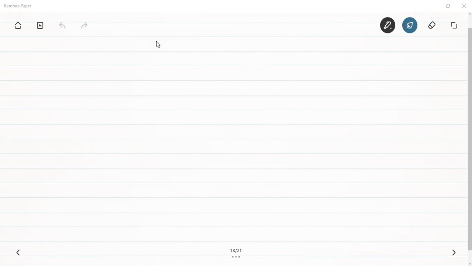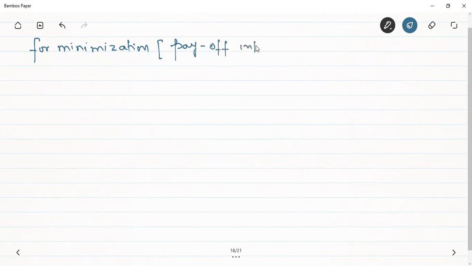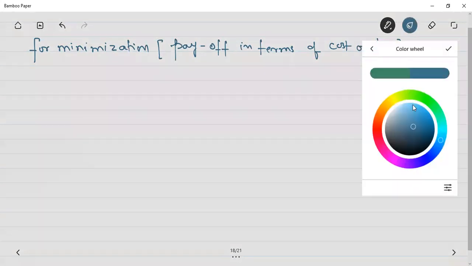So for the minimization case, that is when payoff is in terms of cost or loss, then the formula of H(Sj) changes.